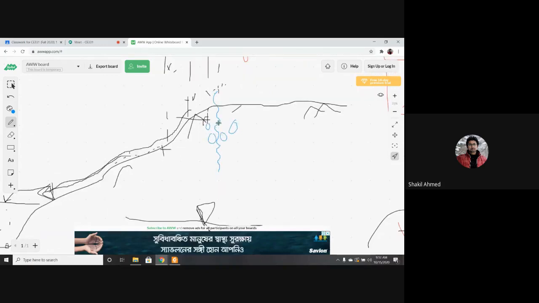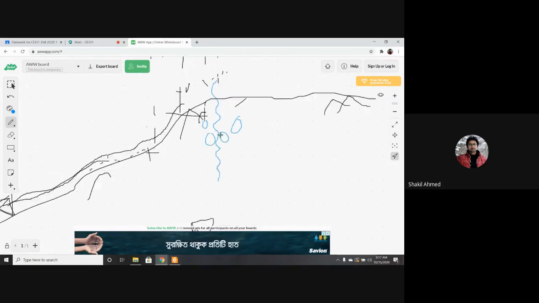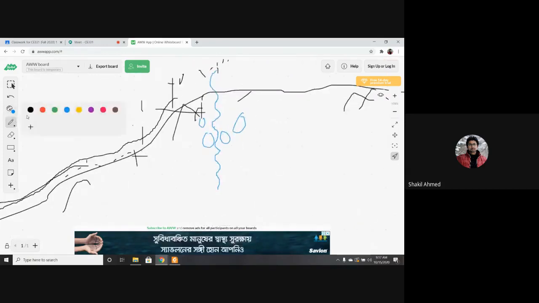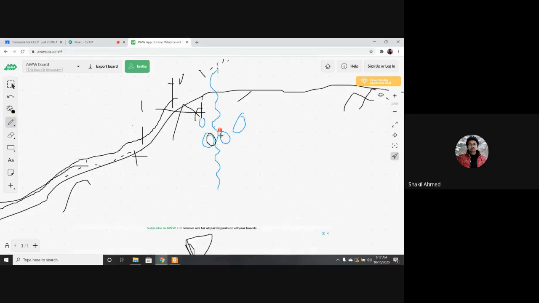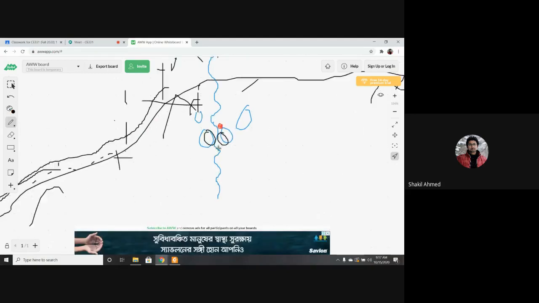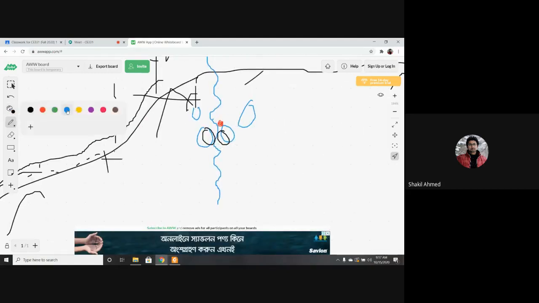This water has to pass through the pores of these soil particles. If you have sand particles here and soil particles here, what will happen? The water will pass through, but the sand particles will be stuck here.